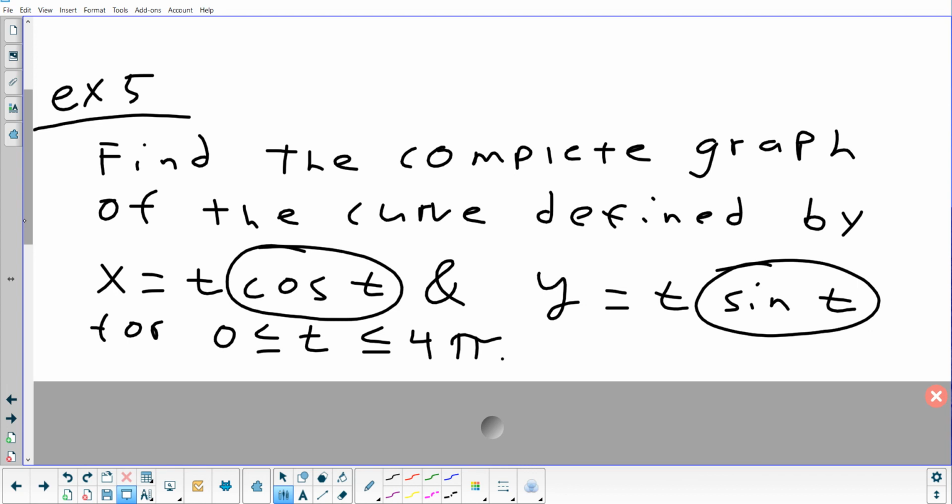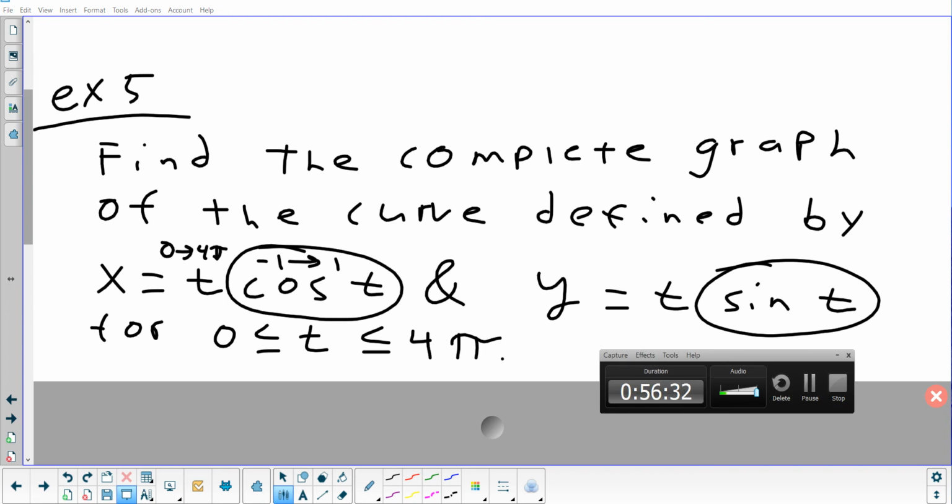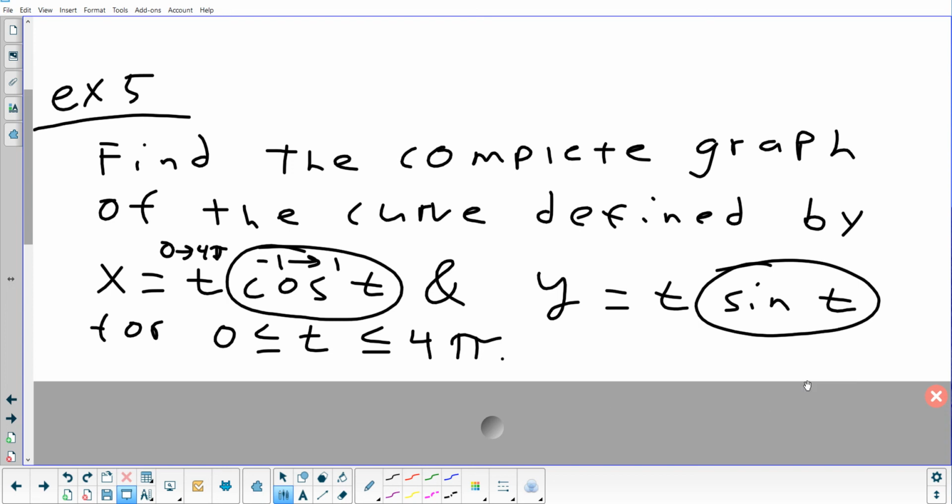I want to figure out kind of a min and a max for my x's. If this is always between -1 and 1, and this value in front is between 0 and 4 pi, can somebody tell me, if everything lined up just right, what the minimum value would be? All right, so what could potentially be the smallest value you ever get from that formula if everything lined up just right? Yep?